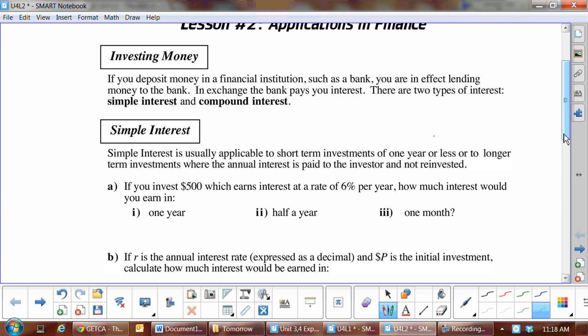Simple interest means basically, if you borrow $100, I'm going to charge you interest on $100 for the next 5 years. Okay? The good thing about that is that you are not getting charged for the interest on top of your interest, okay?